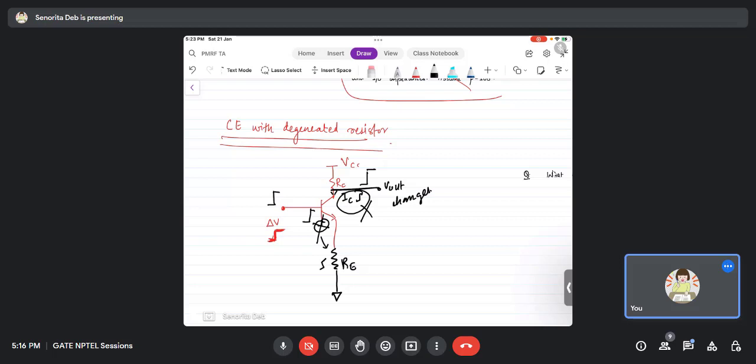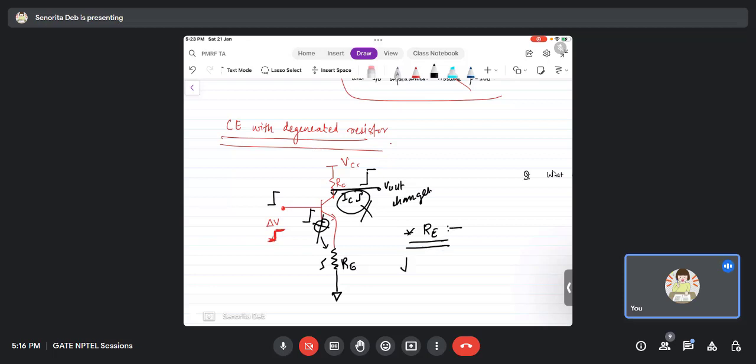That is true. That means in that case also a part of your actual perturbation will be taken by RE, and that would mean that RE will actually decrease the voltage gain. That is the problem of RE. That is why it is called a degenerated resistor. It degenerates the voltage gain.